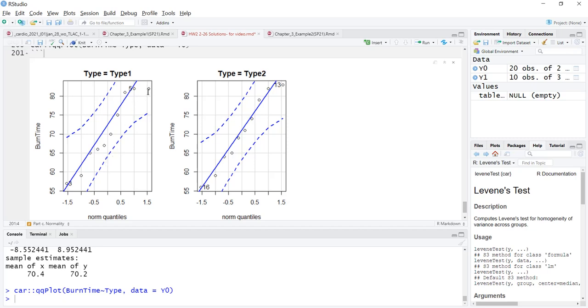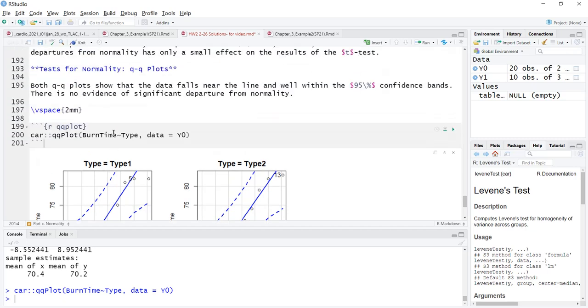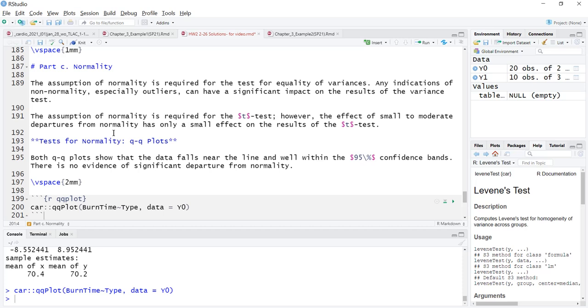Okay, and this point is not outside of the confidence level. It's at the tail, though. It's at the extreme values, and so it's not very significant to me at all. I'm more concerned about these points here in the middle. Okay, so I hope that helps you understand what to look for in there.